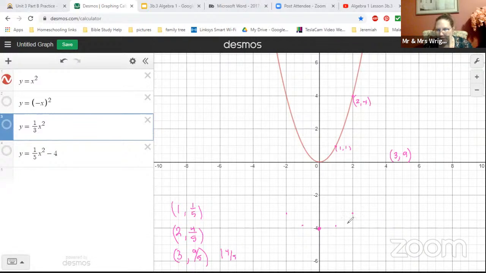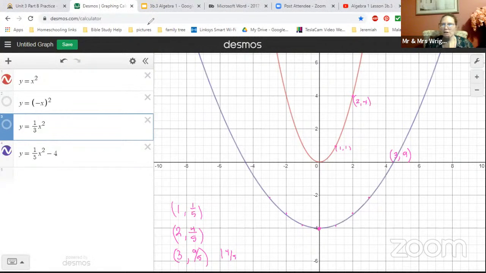Right? So if I went 3 from the vertex, 1, 2, 3 from the vertex, and I'm going to go up 9/5, which is 1 and 4/5. So it's going to be right about there.